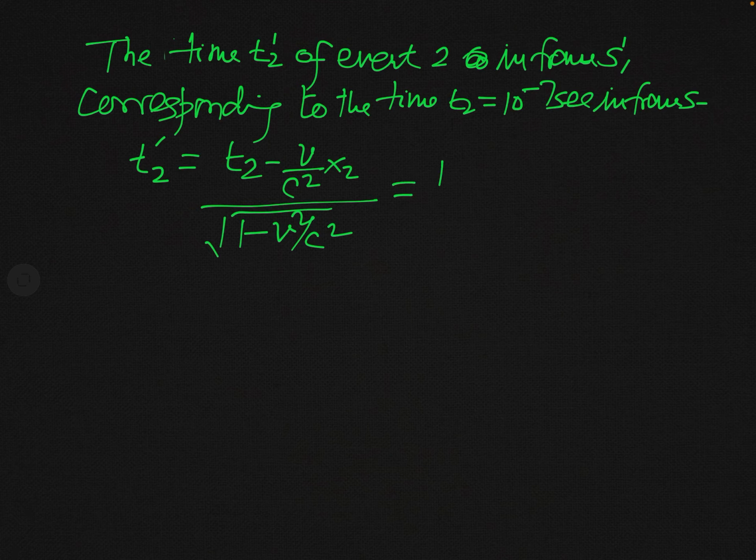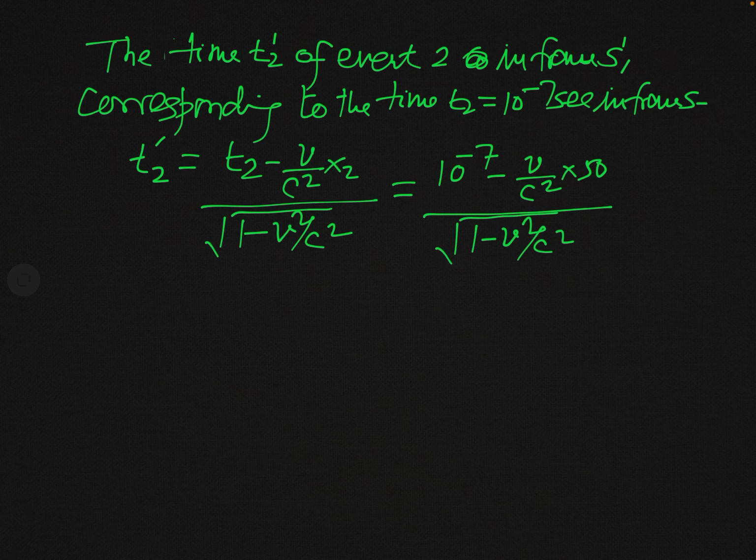And you can see this T2 is given in this problem. This is 10 to the power minus 7 second. And this will be minus V by C square, and X2 is given 50 meter, divided by the square root of 1 minus V square by C square.